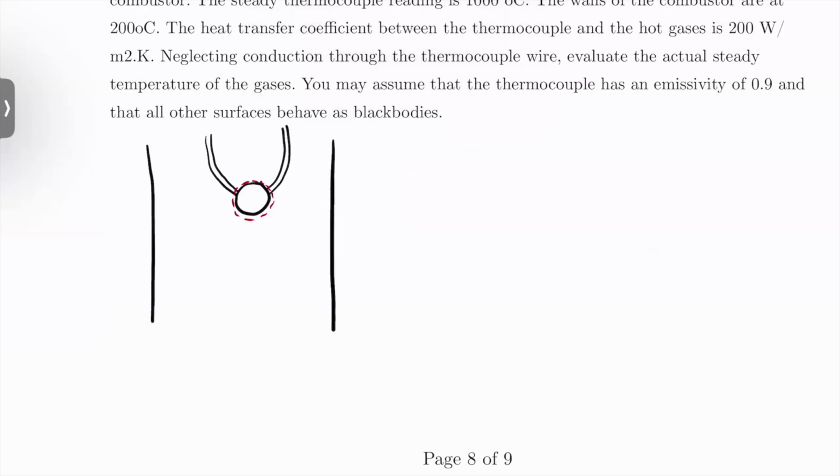So there's our system. We are going to have Q dot of convection, and we're also going to have Q dot of radiation.